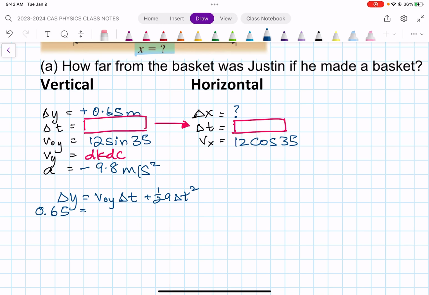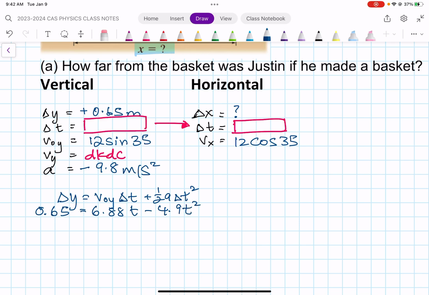Make sure you're in degrees. You don't want to be in radians, so you can just go to your mode and make sure you're in degrees. And 12 sine 35 is what we're looking for, and that's 6.88. So this is 6.88 t, I'm just going to call it t, and it's minus 4.9 t squared.